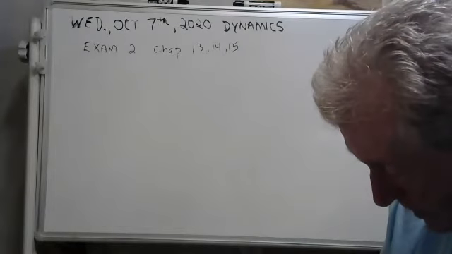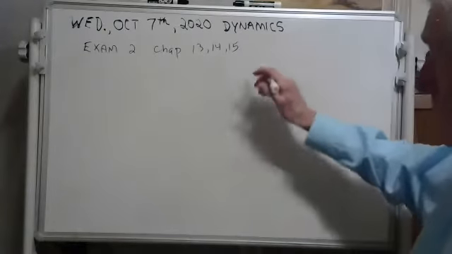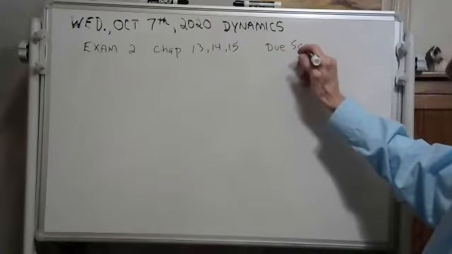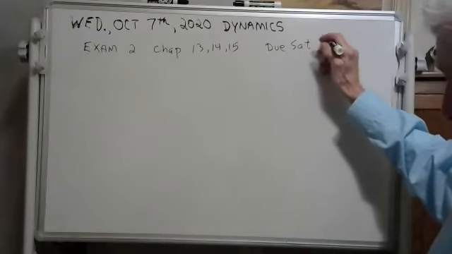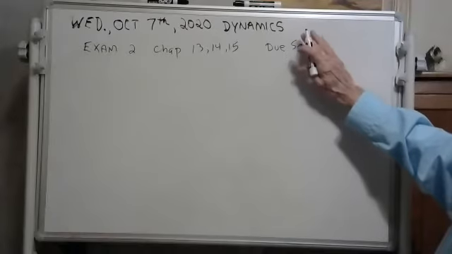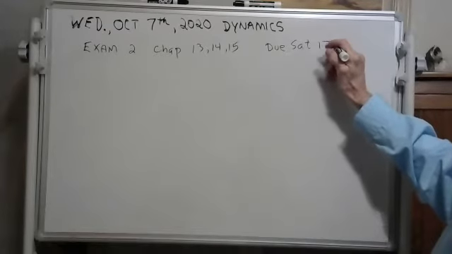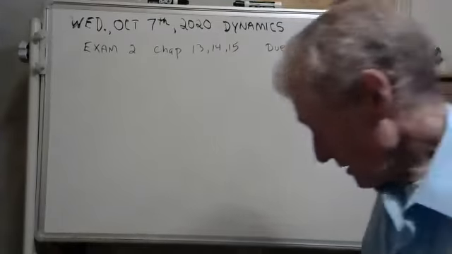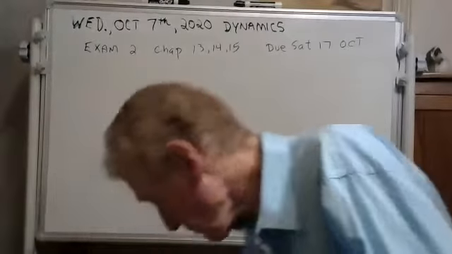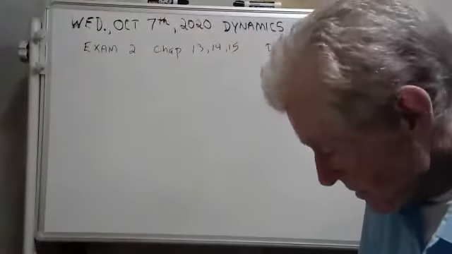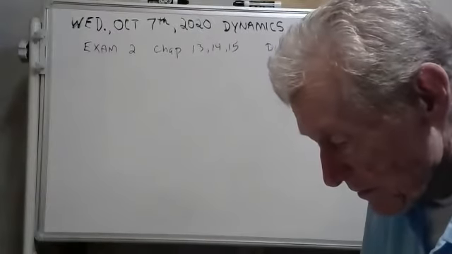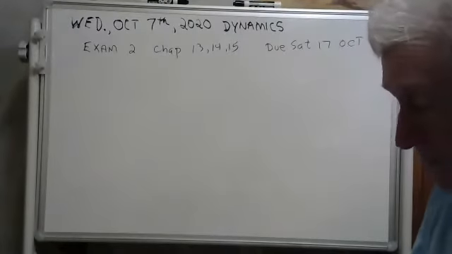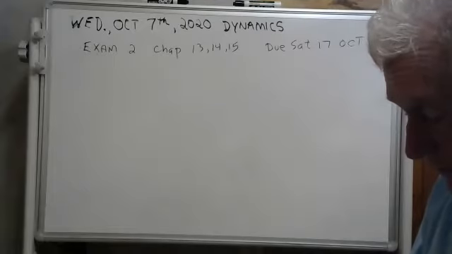It'll be due the Saturday, the 17th of October. Is Saturday the 17th? Let me look at my calendar here. Yes, it is. Saturday the 17th. Okay. Well, we'll start on 15 here in a little bit.